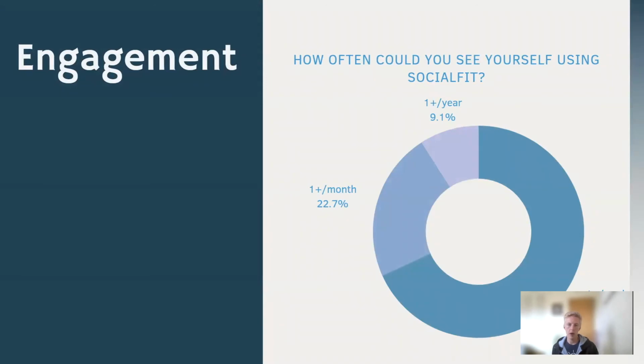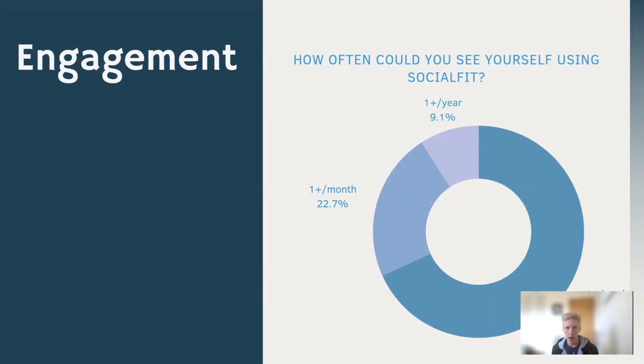Secondly, our core outcome was engagement. We don't want to have an app where no one's using it, or if someone does download it but can't find the events that they want, or can't find as many as often as they want, that's just not going to be a successful launch for us. And so we surveyed our testers to see how often they could see themselves using SocialFit.